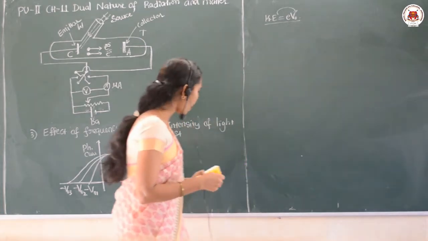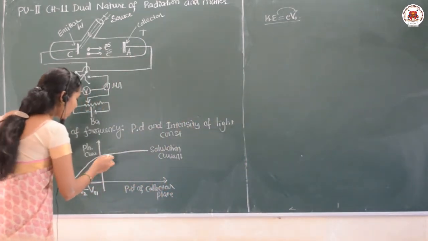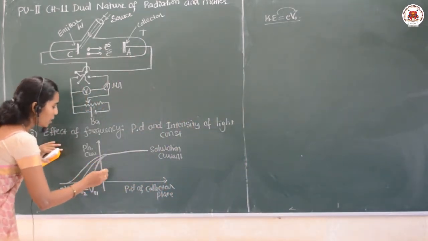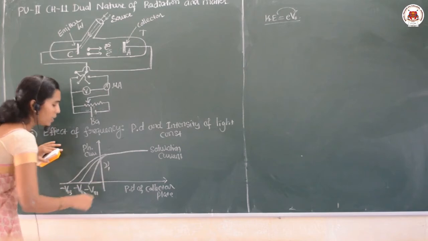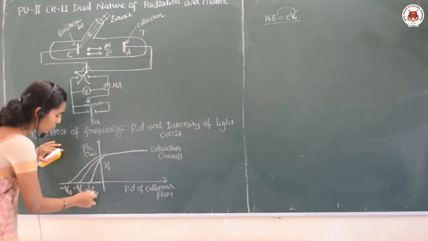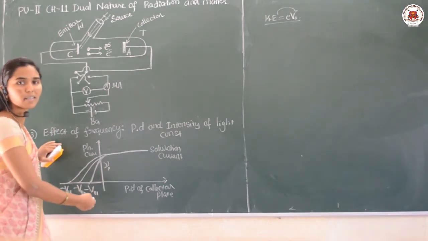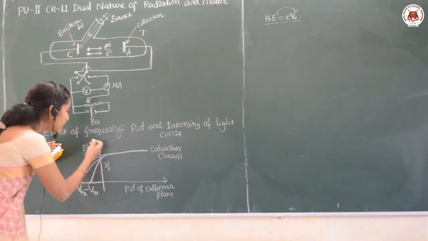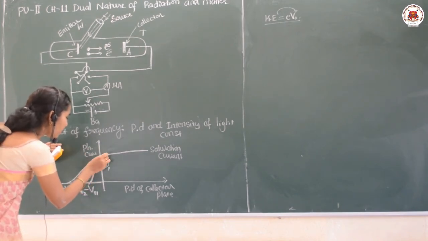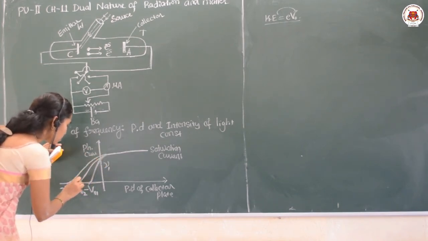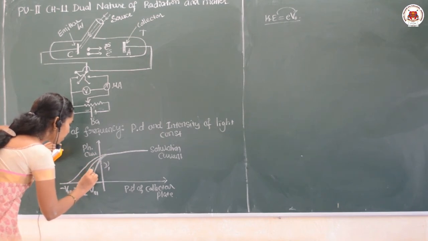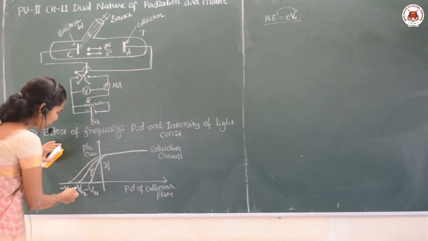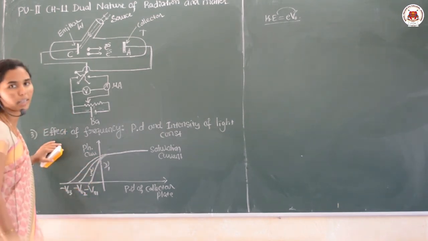Therefore, the graph tells that if you are using a frequency nu1, then the stopping potential for that electron is V01. And if you slightly increase the frequency, the second line here has a frequency nu2, then its stopping potential also increases.